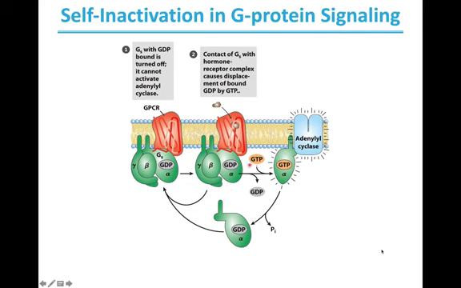As a result, GTP in the cytosol binds the alpha subunit of the GS protein, and once GTP is bound, the alpha subunit of the G protein dissociates itself from the beta and the gamma subunits and moves towards adenylyl cyclase and activates the enzyme. This is the typical GPCR signaling.